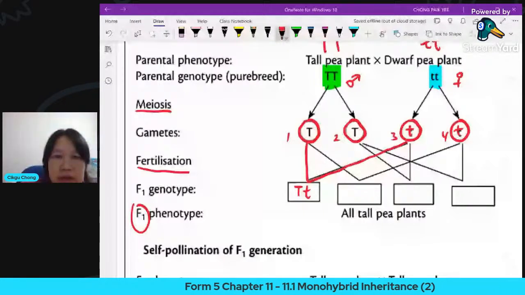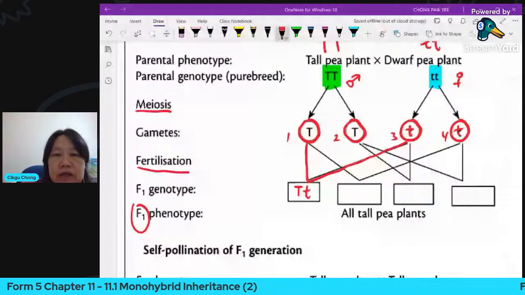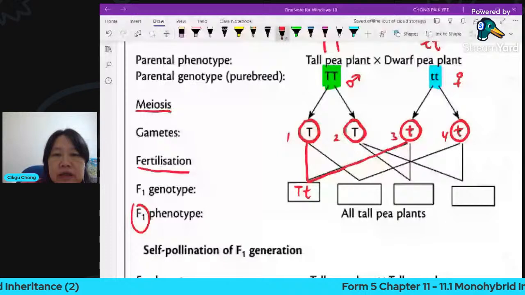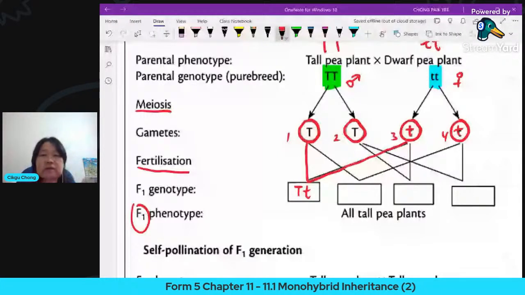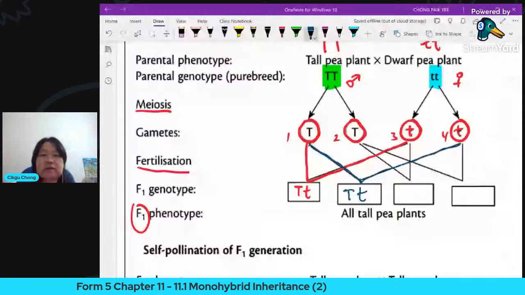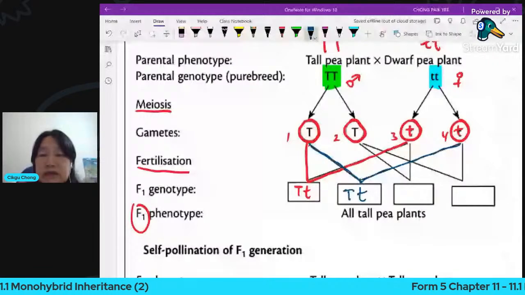So take one of these and this one, and you are going to have this combination. It's still capital T, small t. These show all the possible combinations. So this gamete here can fertilize either this or this. Okay, you have used up the possibilities.